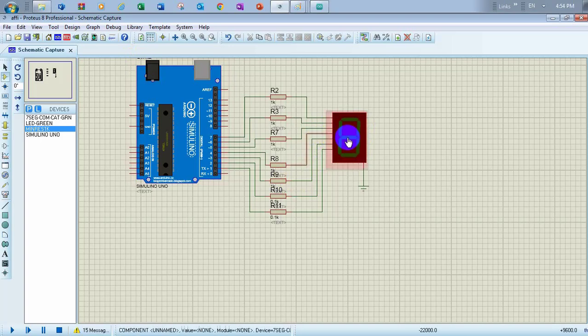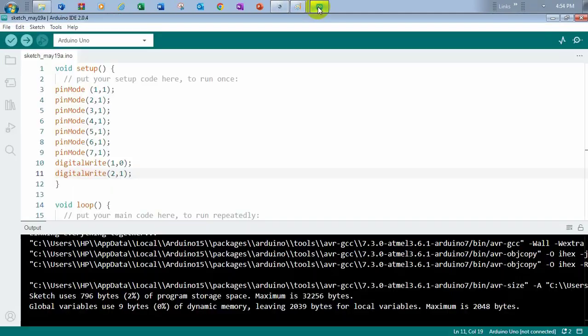So we write instructions like here. We turn off segment F, that's right here 0, and we go to show for unit pin number 3.